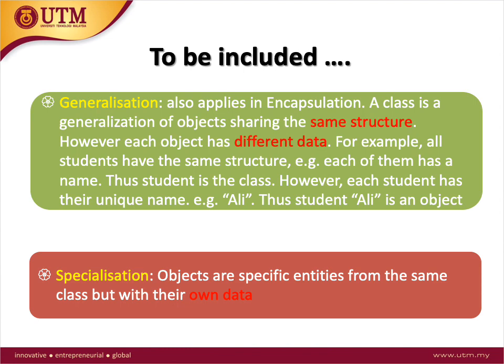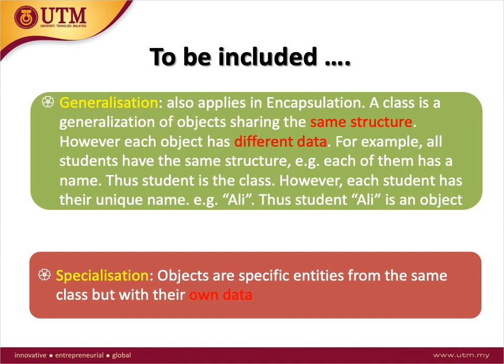A class is a generalization of objects sharing the same structure. However, each object has different data. So in generalization, objects share the same structure, but each object has different data. For example, Ali is an object and Ali has a unique name.